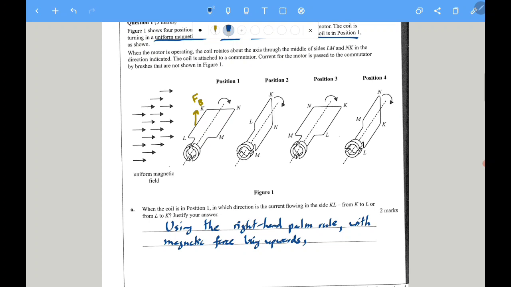With the magnetic force being upwards, our fingers pointing to the right, our palm happens to, sorry, my bad, I completely messed that up.